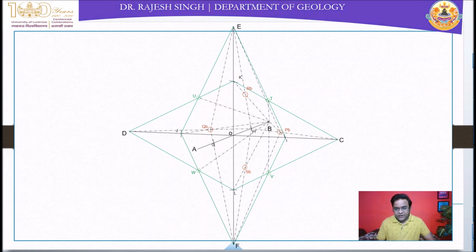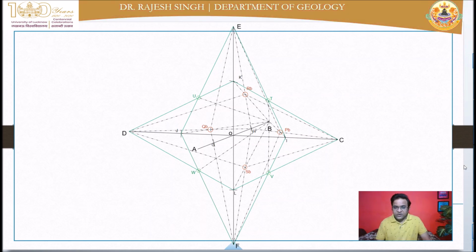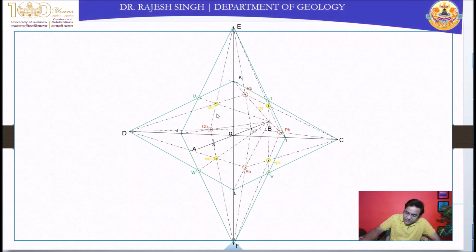Now RB and SB with the endpoints of the A2 axis. So again we will get 4 points here, and these are again similar to the points P, R, T, Q, U, R. So again we have to name them. Here the naming is the same, but these are small letters only.